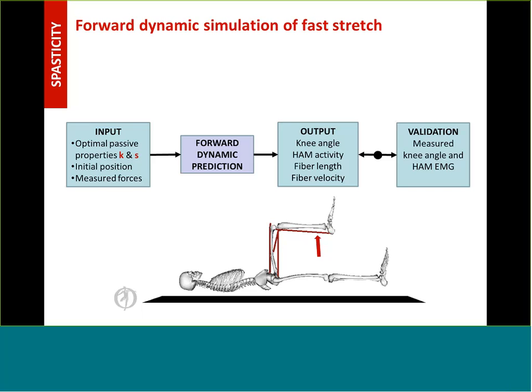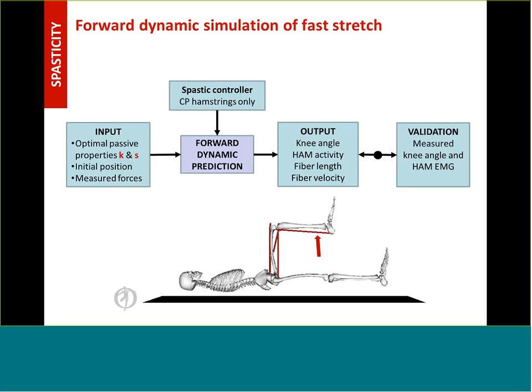As input to the forward dynamic simulations, we used the ESA model with the passive muscle stiffness parameters, so S and K, tuned for each individual subject based on the slow stretch data. We set the model again in the initial position as measured experimentally, and we then imposed the measured forces again to the tibia. The output of these forward dynamic simulations were then again the resulting motion of the knee and the muscle activity, which was 0 as long as no stretch reflex was present, as it was fully passive.